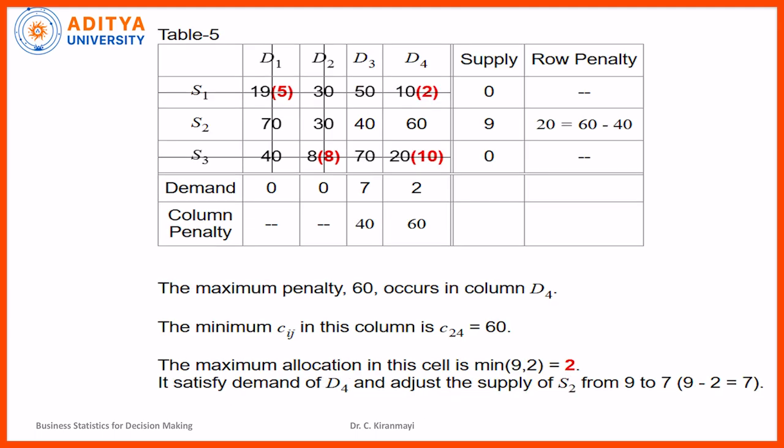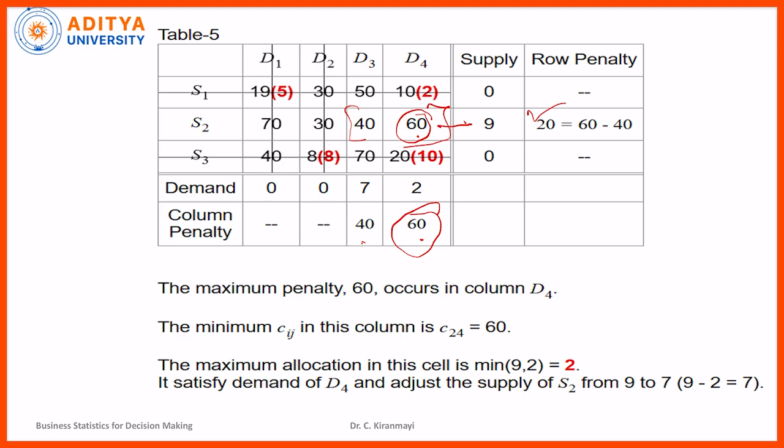After that, we are left with only this particular matrix, 40 and 60. The difference between 60 and 40 is 20. Which is highest? 60 is the highest penalty. Therefore, for this cell we make allocation.